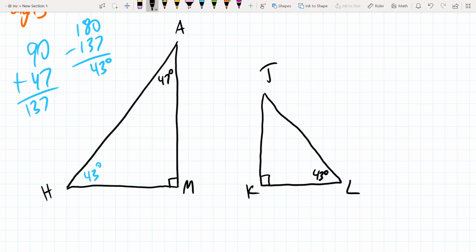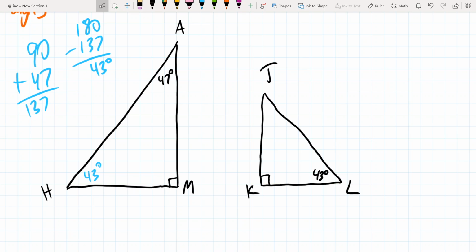So if you did all of this same work, except now this was 43, now you've proven the exact opposite thing. This time, you have proven that these are similar, because now you do have two pairs of congruent angles.